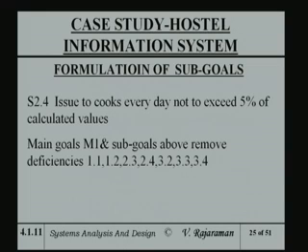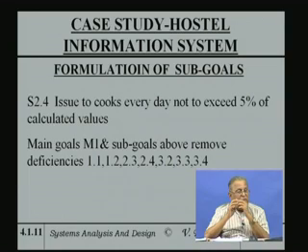Issue to cooks every day not to exceed 5% of the calculated values. So, all these main goals and sub goals are effectively to remove the deficiencies which have been stated earlier.